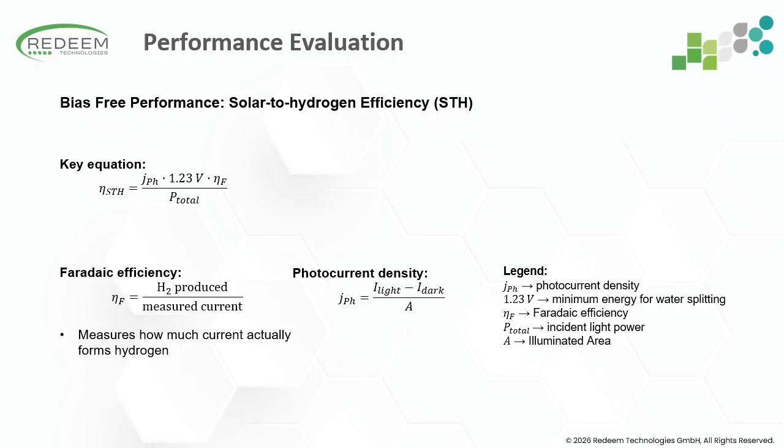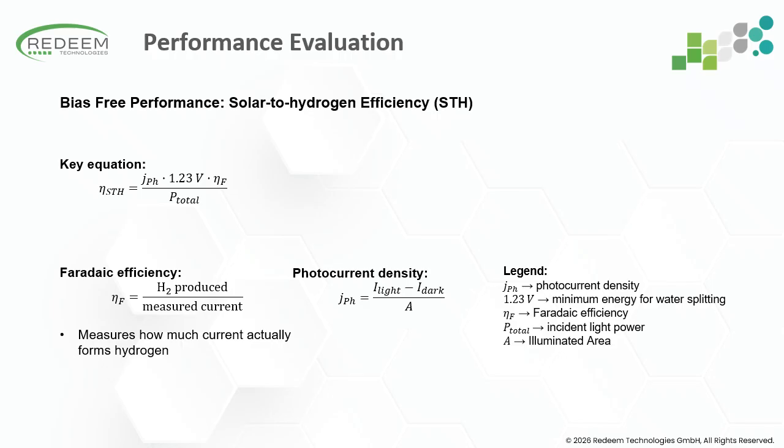This tells us what fraction of the measured current actually produces the desired reaction product, the hydrogen. An ideal system has a Faradaic efficiency of 100%, meaning that every electron contributes to hydrogen or oxygen production, and lower values indicate losses to competing side reactions or ohmic heating, for example.